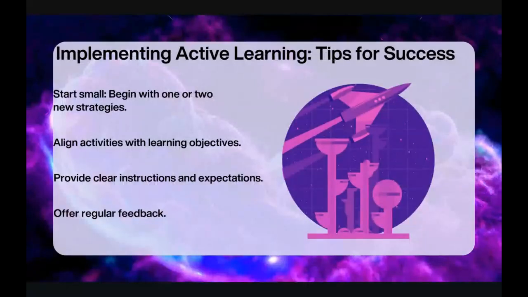So what are some ways we can do this? We don't need to reinvent the wheel overnight. You can start cherry picking one or two strategies and approaches. See what material you're teaching, what resources are available, and what approach would help.